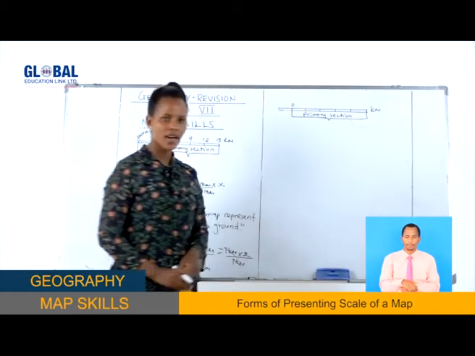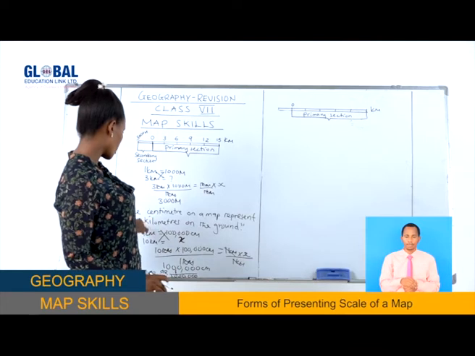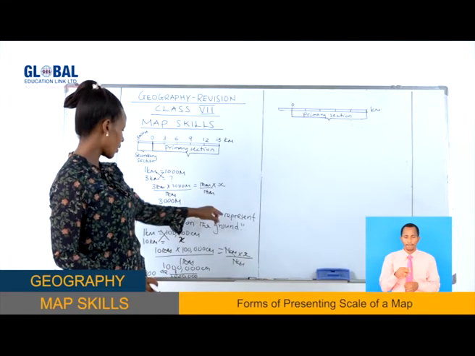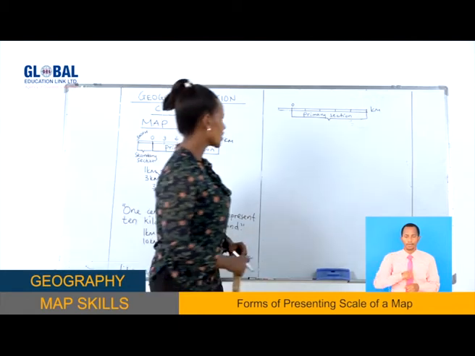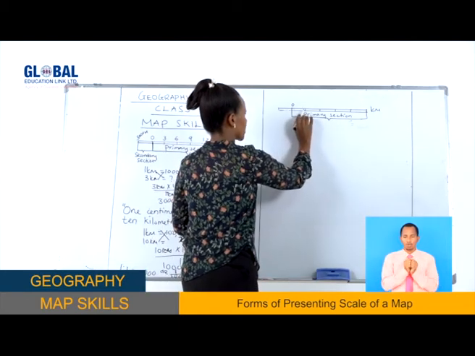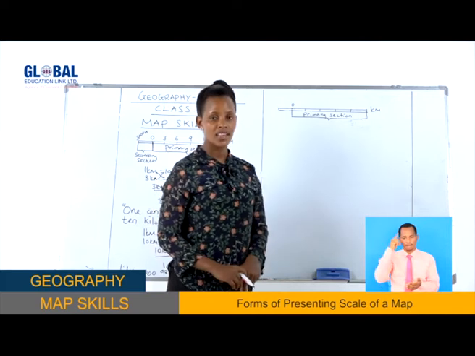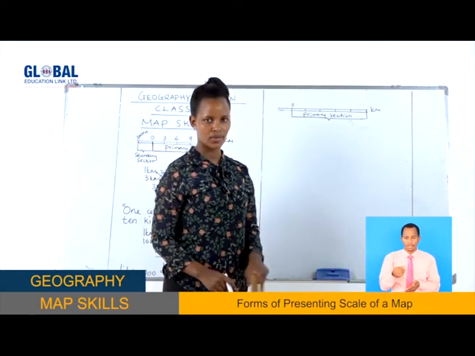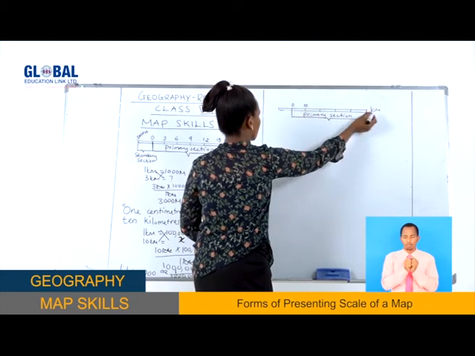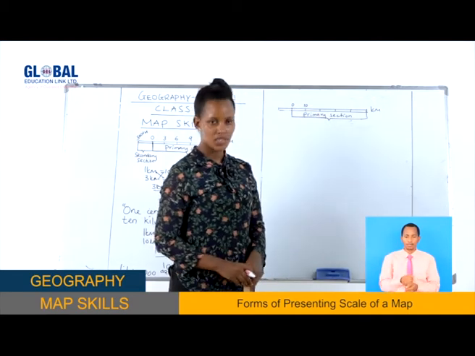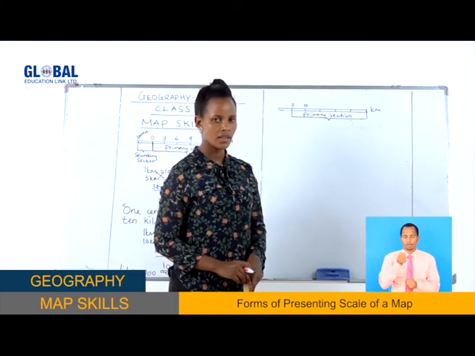Now let us go back to the statement scale. 1 centimeter on a map represents 10 kilometers on the ground. Means this portion of 1 centimeter represents 10 kilometers on the ground. So here you have to write 10 kilometers. Then 2 centimeters will be 20.